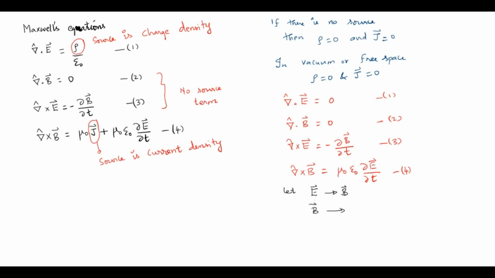Then when I choose B to be minus mu naught epsilon 0 E vector, then in the null equation எப்படி மாறப்போகுது அப்படின்னு பார்ப்போம். So let us take this. So let me write down these equations once again.